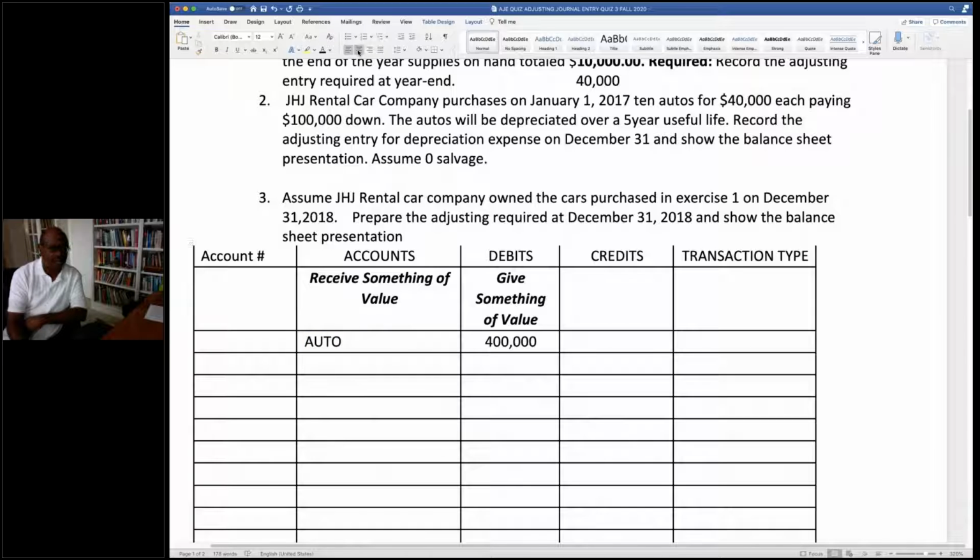There we go. Credit cash for how much? 100,000. This is what I put. And then we're going to credit what? Notes payable for 300,000.